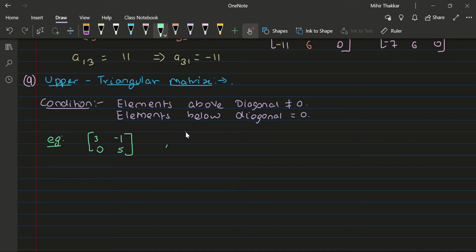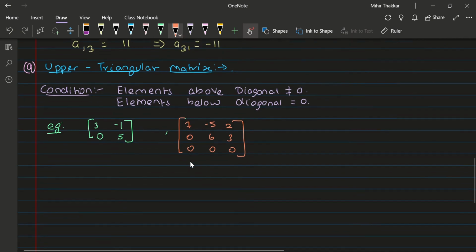Second example, if I take this as 7, 6 and 0, above the diagonals it has to be non-zero. Let us take minus 5, 2 and 3. But below the diagonal they have to be 0 values. So in such a case it will be called as an upper triangular matrix.